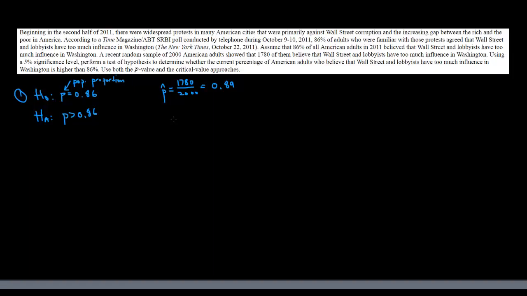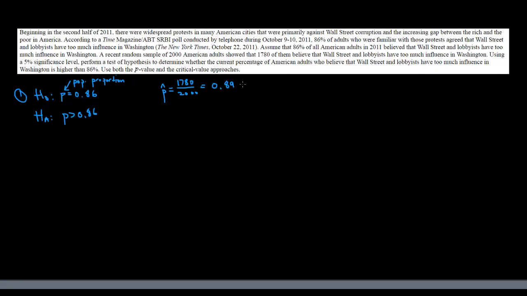We'll never know for sure unless you collected population data. But we cannot say with any certainty currently if this is a trend or not, that more people have that feeling towards lobbyists and Wall Street today than they did in 2011.